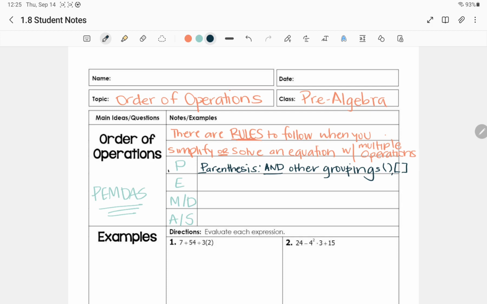That's the first thing that you do. We do the P. So you do anything that has parentheses first.